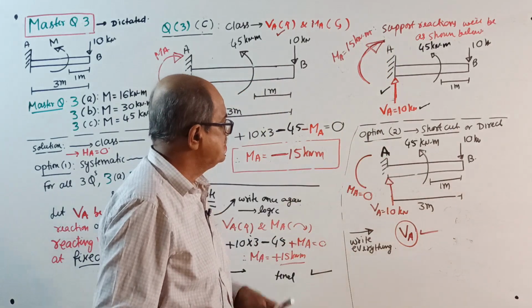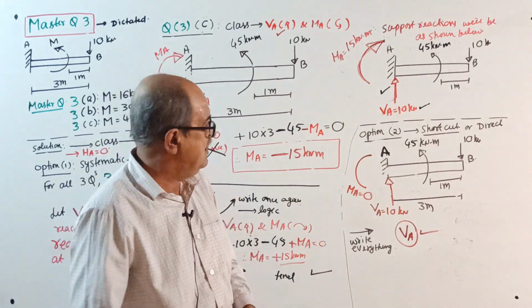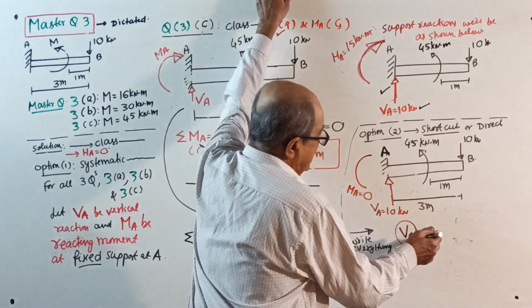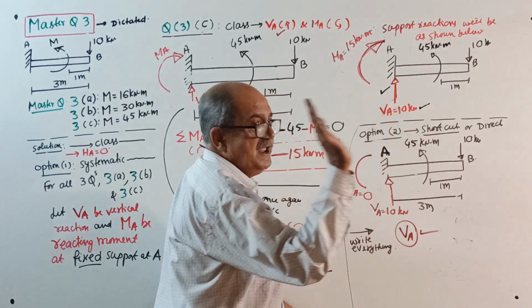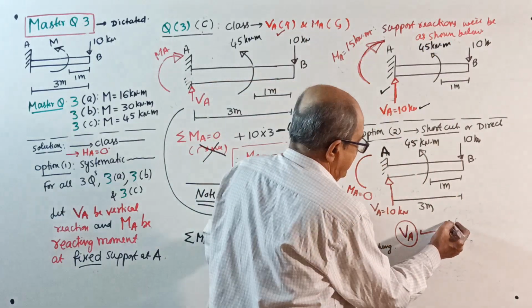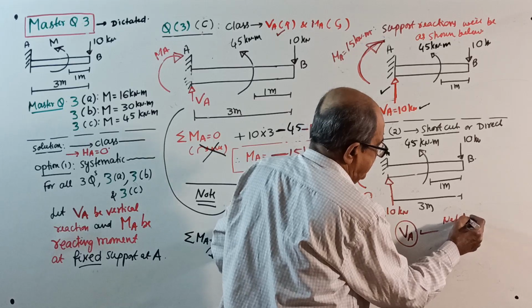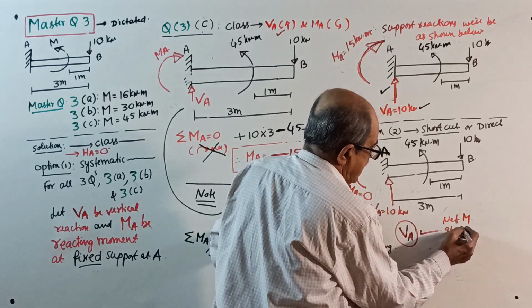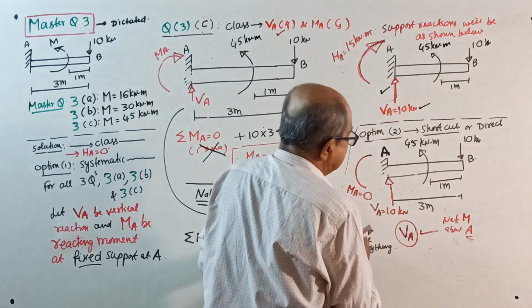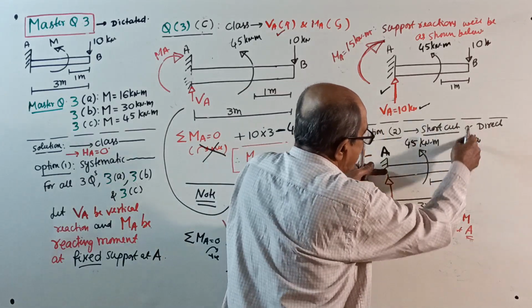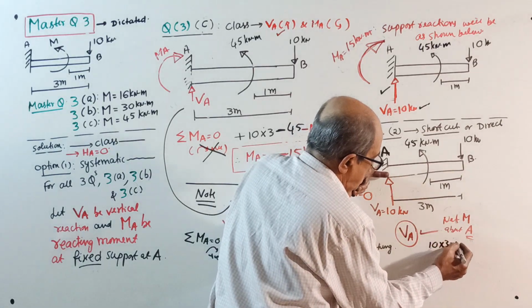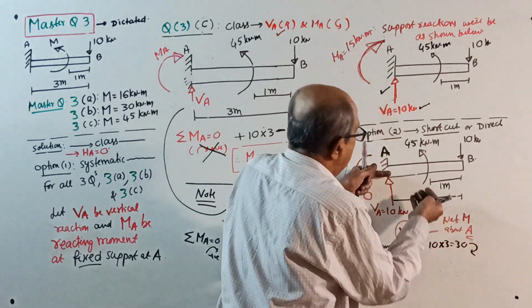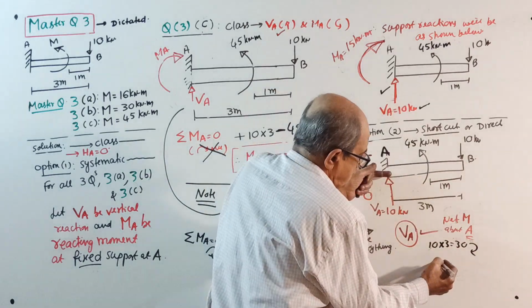Now, direct shortcut. Very simple. See here. VA simple. Download, up reaction. VA cleared. Now, find net moment. Net moment about A. Why A? Fixed support. Start. 10 into 3 clockwise equal to 30 clockwise. Anti-clockwise 45.